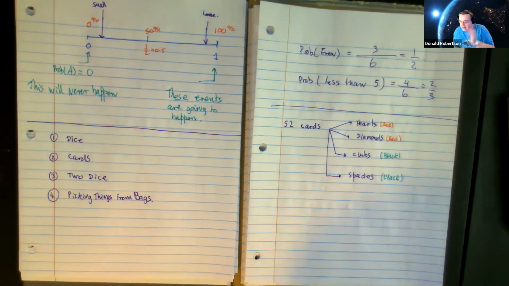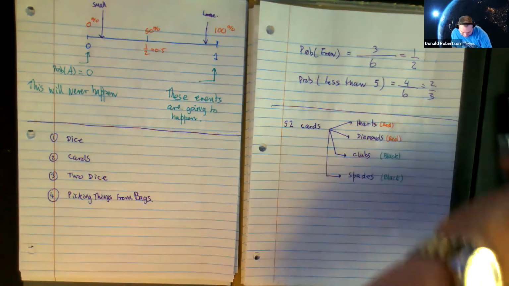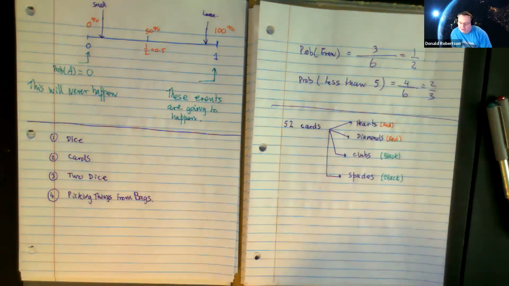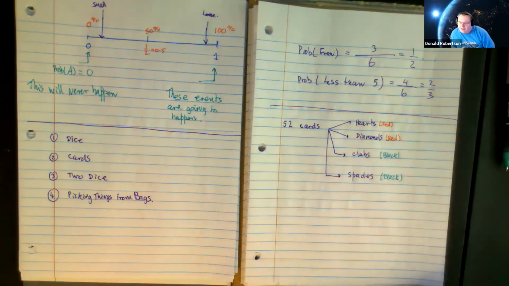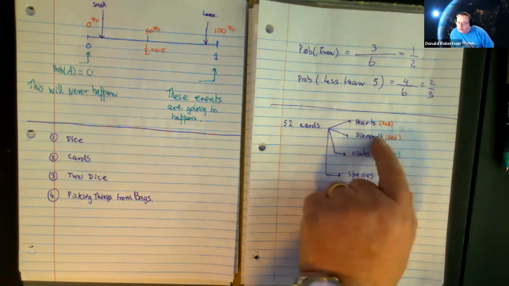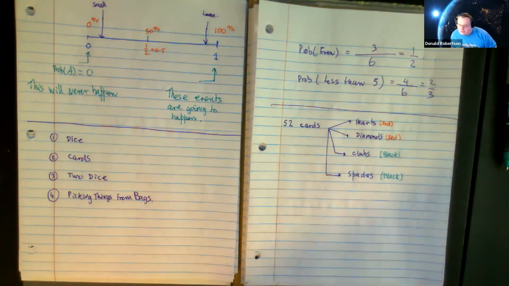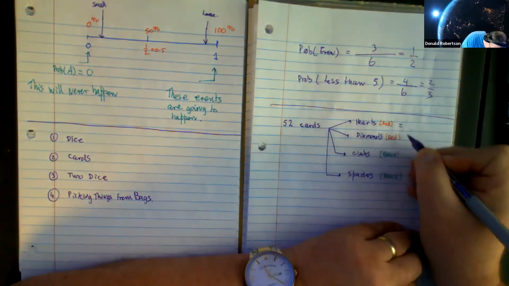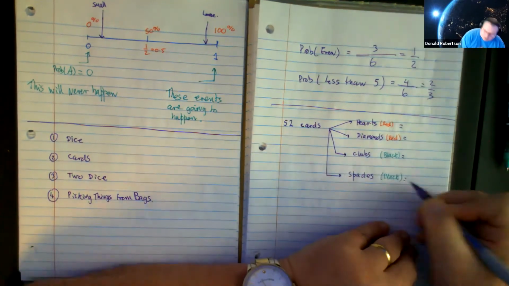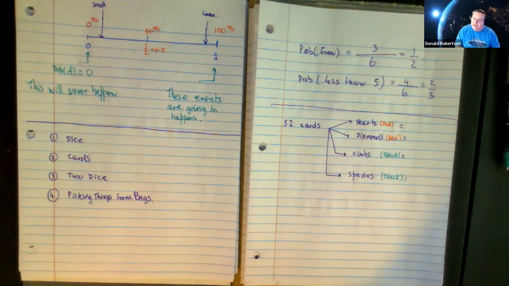Which again, you say, yeah, I know a deck of cards. But for the benefit of those who are not familiar with cards, I think it's worth going over these. Now, each one of these is called a suit. So there are 4 suits: hearts, clubs, diamonds, spades. Now, each suit is essentially identical. And by that I mean they contain the same number of cards and the same kind of cards.